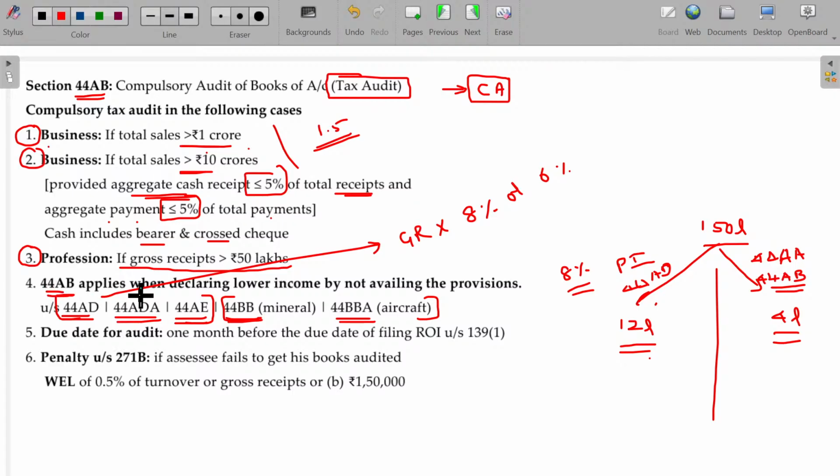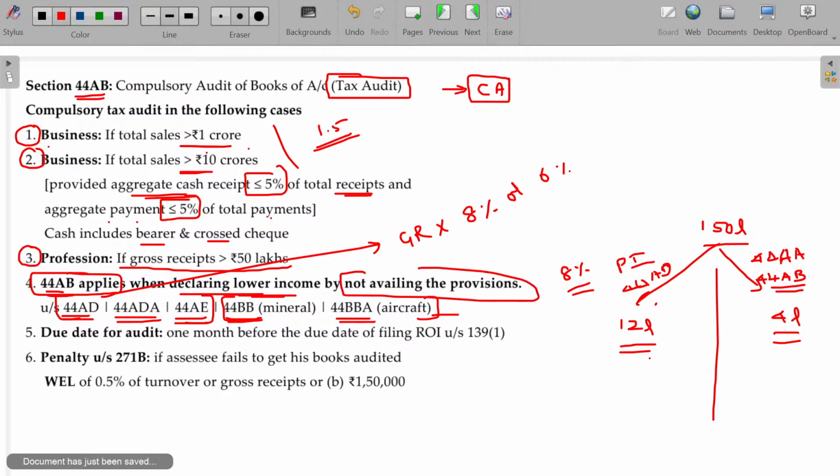So 44AB applies when declaring lower income by not availing the provisions under this section. These sections give you a rough estimation of profit based on some value, 8%, 6%, 50% and so on. If you say no, sir, my income is still lesser, then you have to maintain the books of accounts as per section 44AA and get them audited under section 44AB.